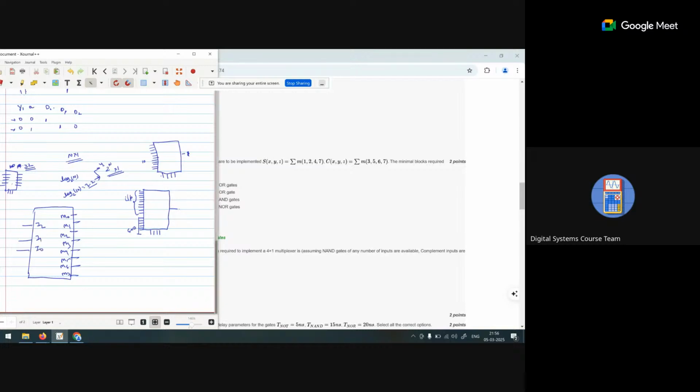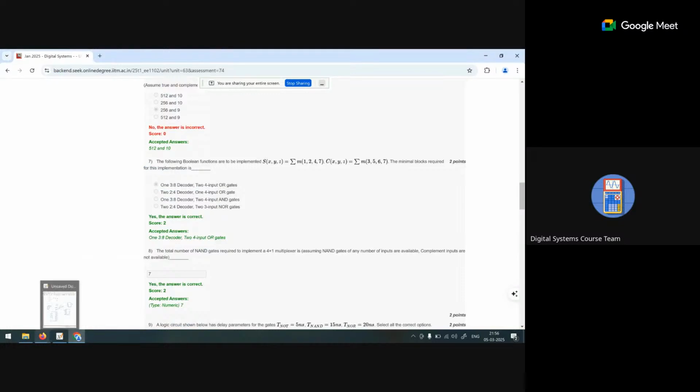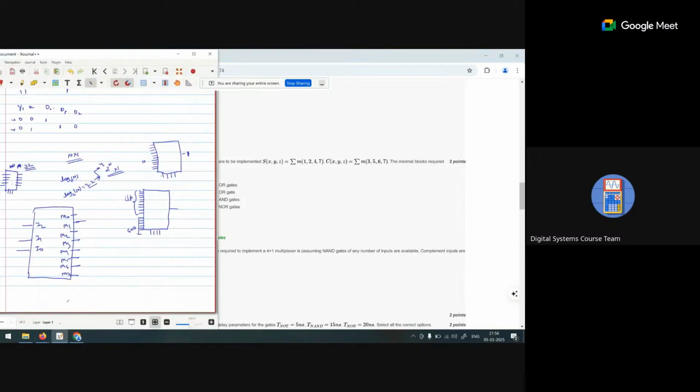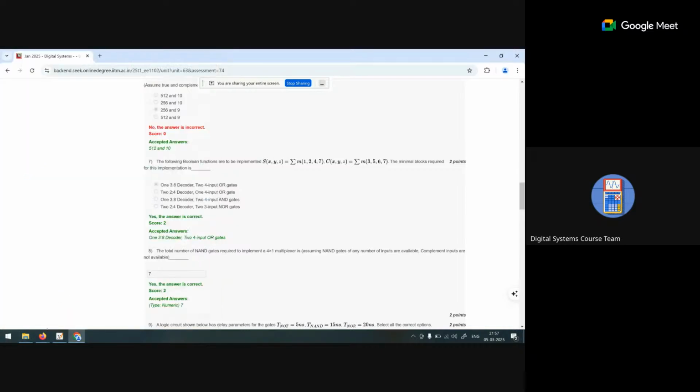Now your S will be implemented by the combination, by addition, because it is an SOP term. So 1, 2, 4, and 7 connected with the OR gate. So your S will be designed. Similarly for C: 3, 5, 6, 7.